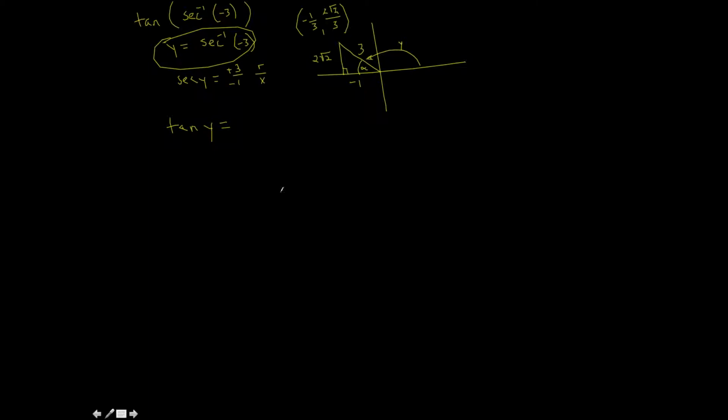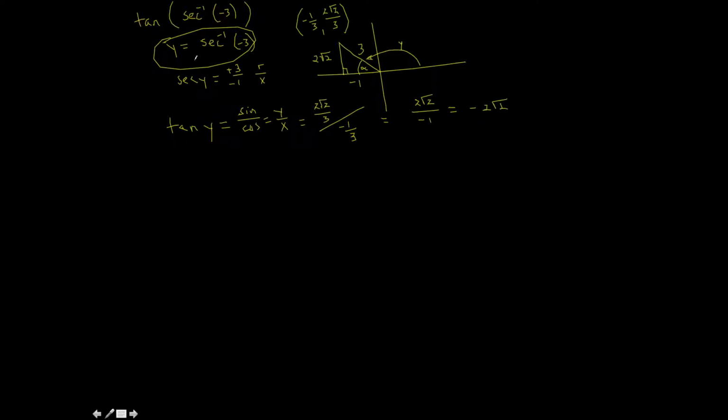So remember, tangent is sine over cosine, or y over x. So this is going to be 2 square roots of 2 over 3 divided by negative 1 over 3, which gives you 2 square roots of 2 over negative 1, which gives you a negative 2 square roots of 2.